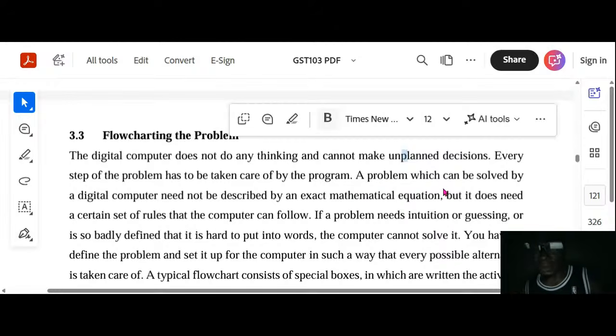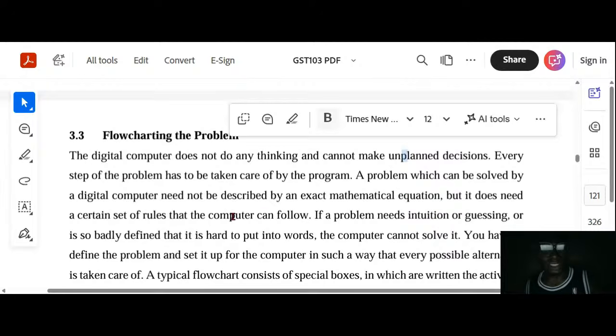A problem which can be solved by a digital computer needs to be described by an exact mathematical equation. You cannot be programming a computer and be guessing, saying, well, if this thing is like this, just do like this, or kind of. You can't do that. It has to be exact. You have to tell it every step on the way to getting to the solution.